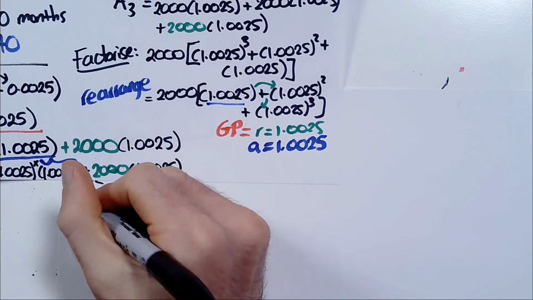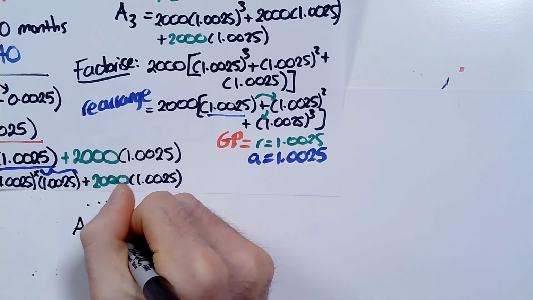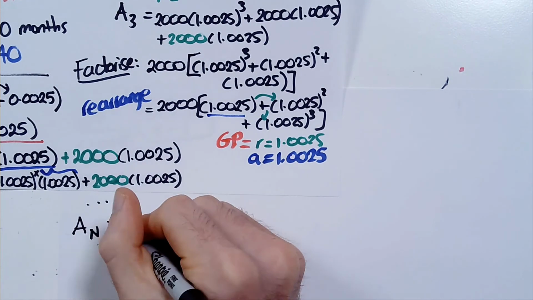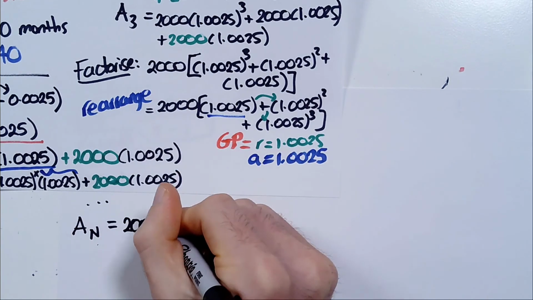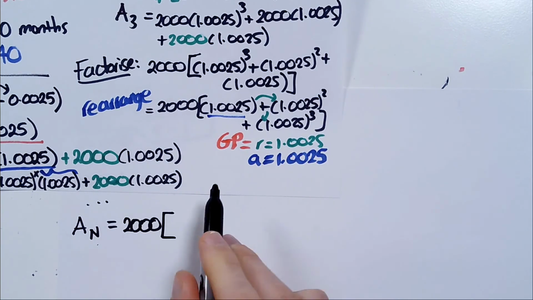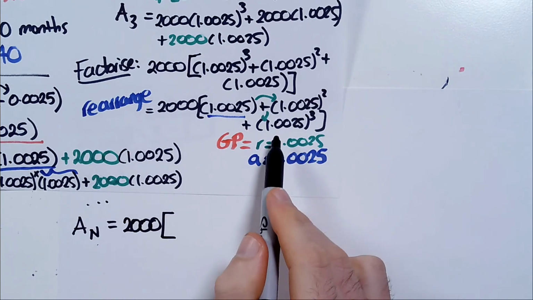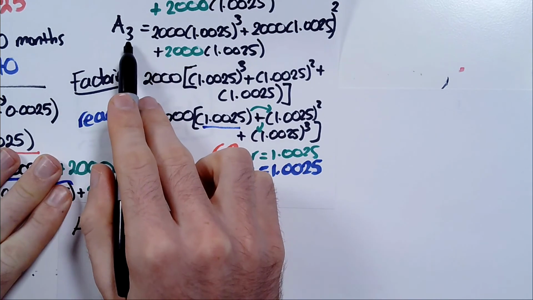This is what you do after you do the first three. You say A to the N. We can now estimate the value of your investment after any month by doing $2,000, because remember, the 2,000 always sits out the front. And the number of terms in the bracket is going to reflect exactly what month it is. So see here how it's the third month.